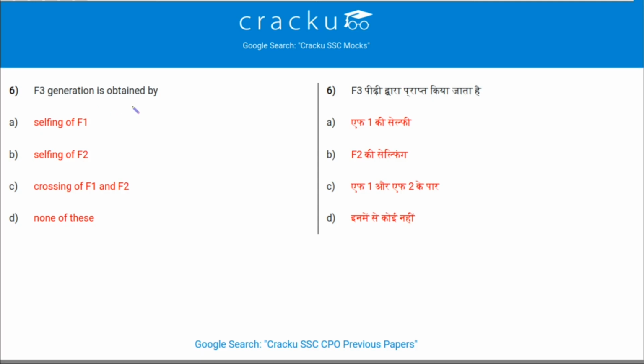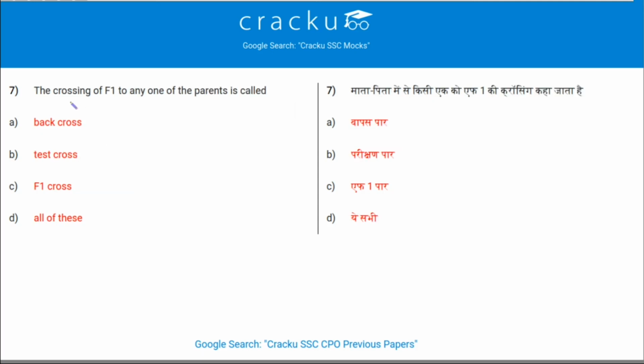F3 generation is obtained by selfing of F2 generation. That is option B. The crossing of F1, the first generation, with any one of the parents is called back cross.